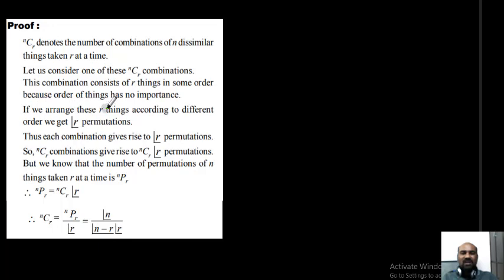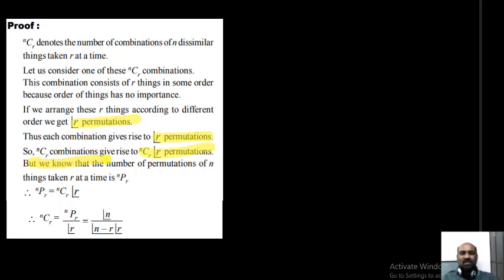If we arrange these R things in different orders, we get R factorial permutations. Thus each combination gives rise to R factorial permutations. So NCR combinations give rise to NCR into R factorial permutations.